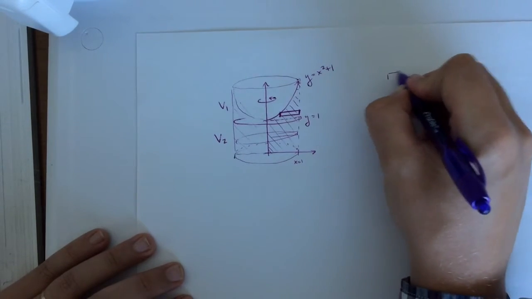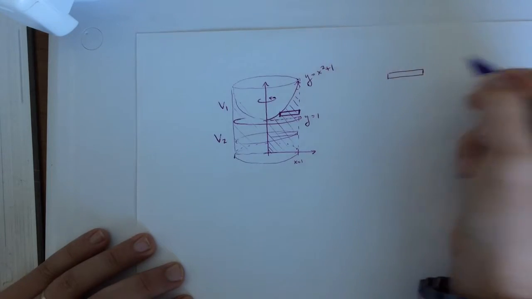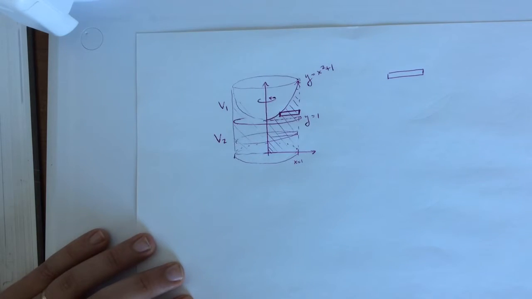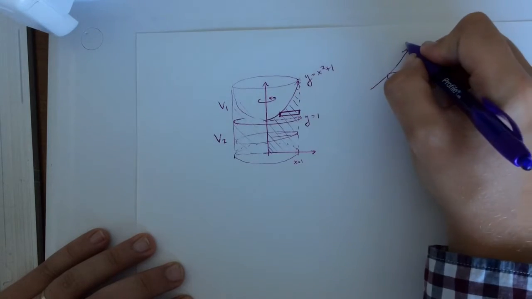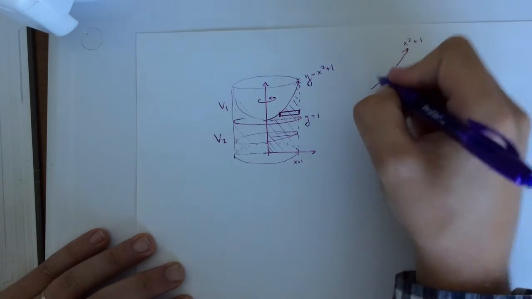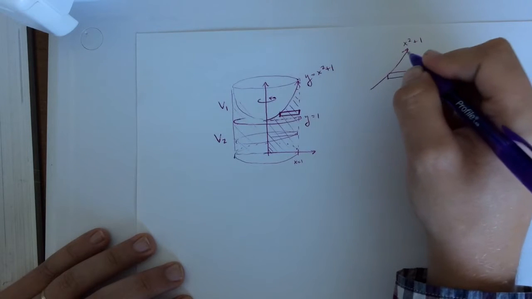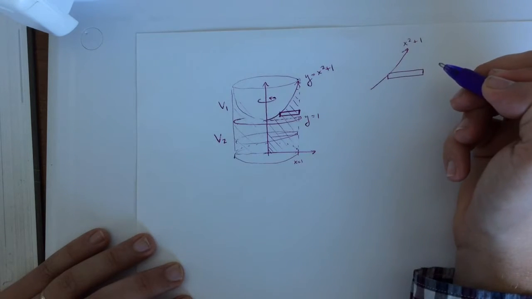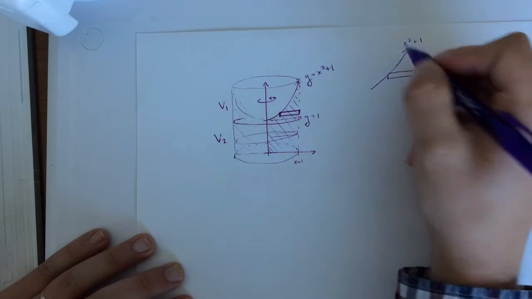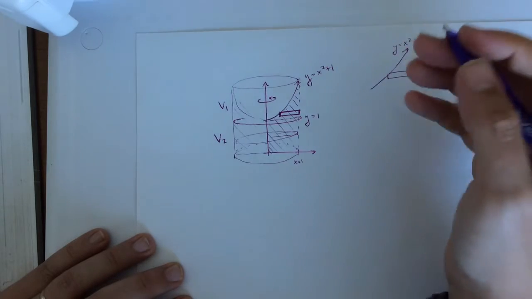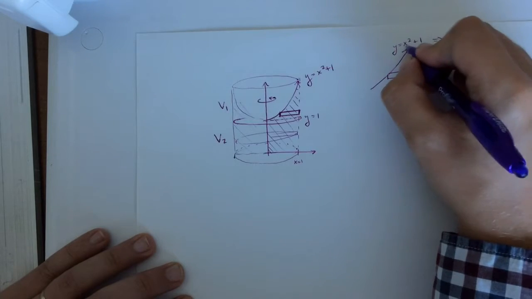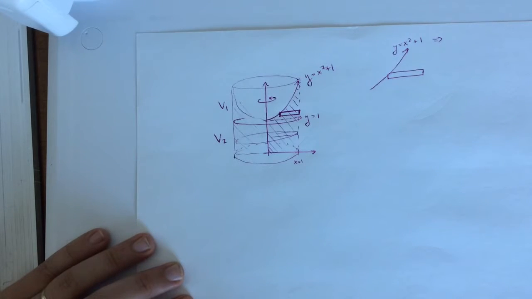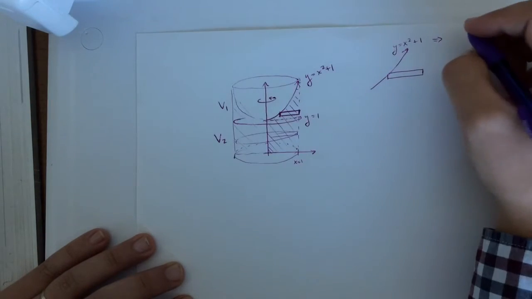Okay, so for that approximating rectangle in V1, the minor radius is given by the function x squared plus 1. I'm going to need to take the integral with respect to y, so I'm going to need to write this as a function of y. So I need to solve this equation for x.